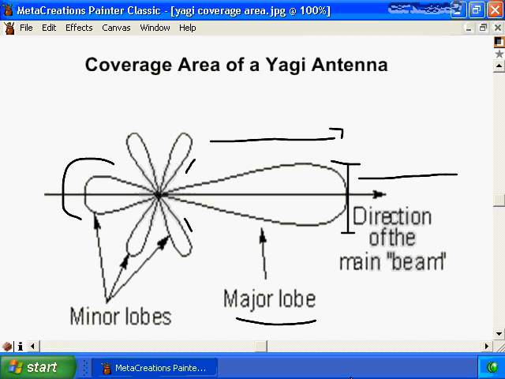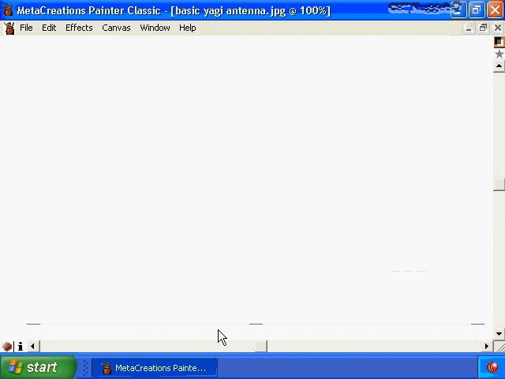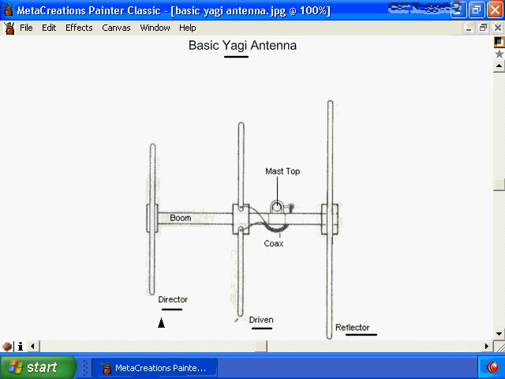So now you might be asking yourself, well, which side of the antenna emits the major lobe and which side emits the minor lobe? Meaning, what direction do I point this thing in? Well, to answer that question, let's go back to our previous slide here. And you can answer that question by simply the name of these components here. The director is the element, remember, the parasitic element that actually provides the direction of the radio frequency energy.